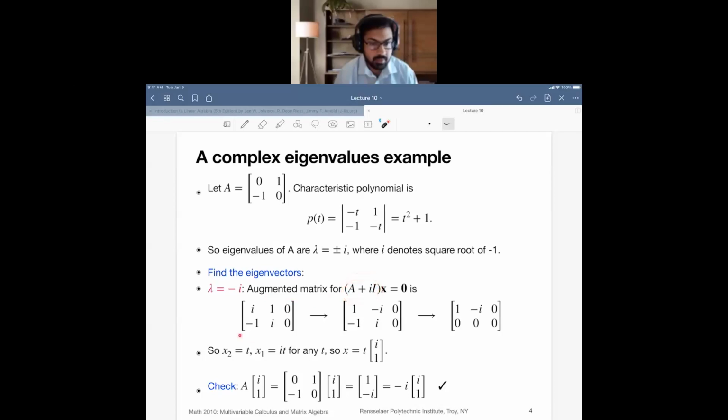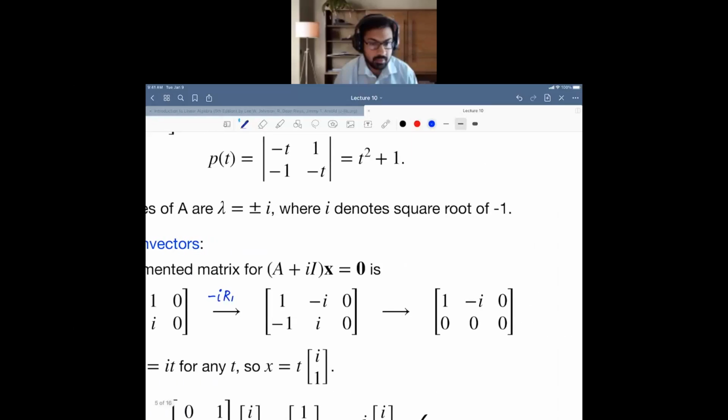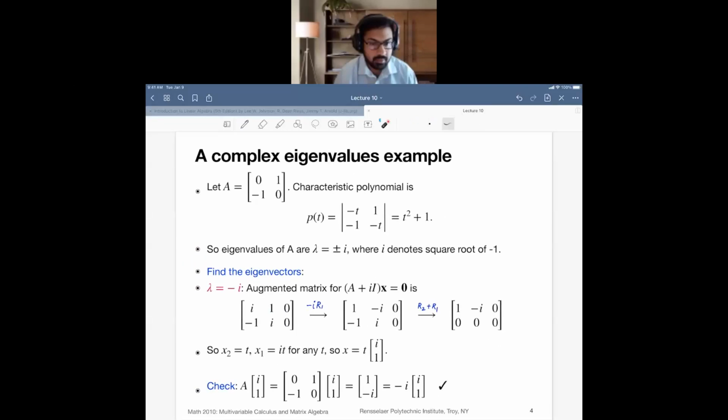I set up the augmented matrix and do some row manipulations. I'm doing negative i times row 1, and in the second case I'm just doing row 2 plus row 1. If I do those row manipulations, the second row goes away. The first row will give me my solution set.